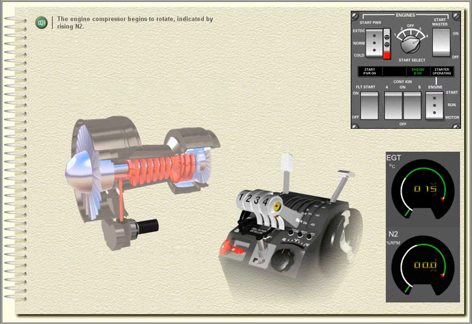The engine compressor begins to rotate, indicated by rising N2. When N2 reaches 10%, the thrust lever is advanced to idle and fuel is supplied to the combustion chamber.